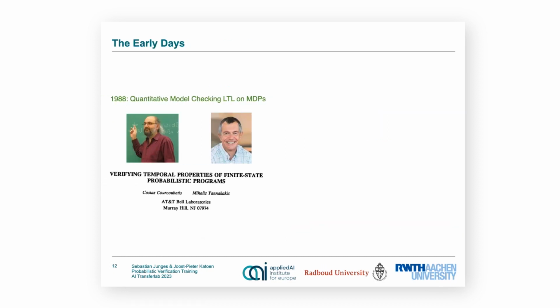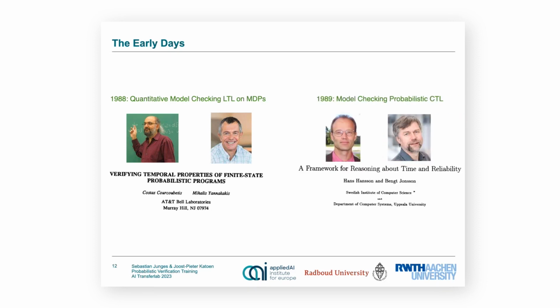Okay, probabilistic model checking goes back to early work in, for instance, two seminal papers that I would like to mention. One by Costas Courcoubetis and Mihalis Yannakakis on model checking Markov decision processes. And later by Hans Hansson and Bengt Jonsson from Sweden, who worked on probabilistic CTL.